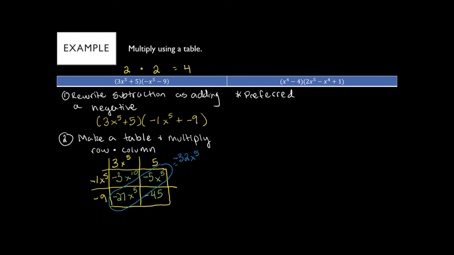So I have negative 3x to the 10 plus, and then the diagonal, which added to negative 32x to the fifth, plus, and then the last box is negative 45. And so that is your answer from the multiplication.